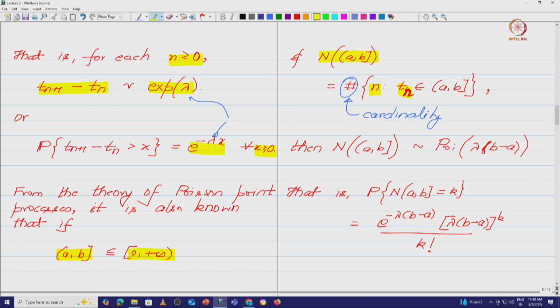As per the standard notation I will work with sets that are open from the left and closed from the right.